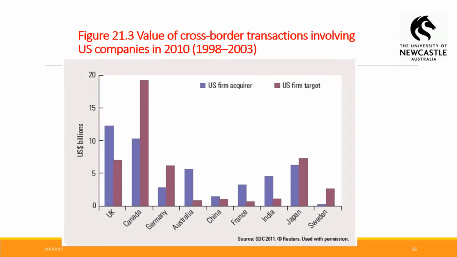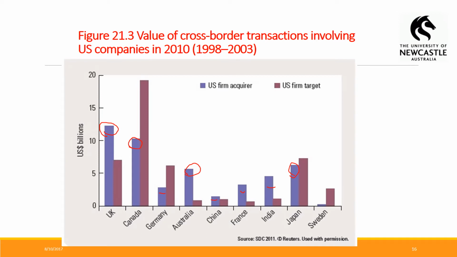We then look at cross-border transactions involving US companies, so either US acquirers or US targets, right? And what do we see here? We see that US firms like to acquire companies in the UK, in Canada, in Australia, not so much in Germany, China, France, India.